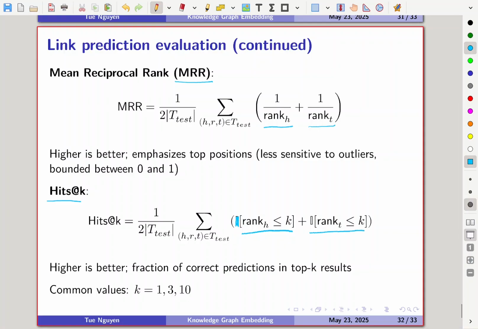We do the same for the tail, and we take the average by dividing by 2, and we average again across the test examples. The meaning is that the higher the value, the better, because now the correct predictions are in the top K. The common values for K are 1, 3, or 10, and this is maybe the most intuitive and interpretable metric.